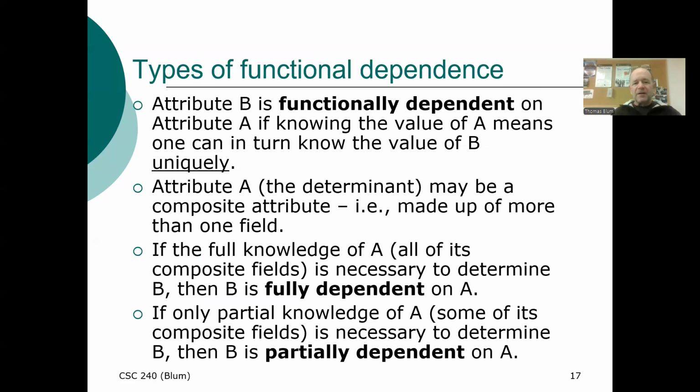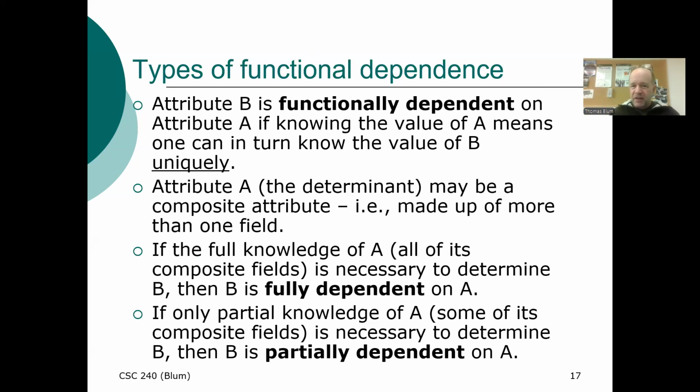Okay. And again, if attribute A is functionally dependent on attribute B, that means that if I know A, I can tell you B uniquely. And it can be just a looking-it-up thing. It doesn't necessarily mean I can calculate it in some way. It just means it can be looked up.